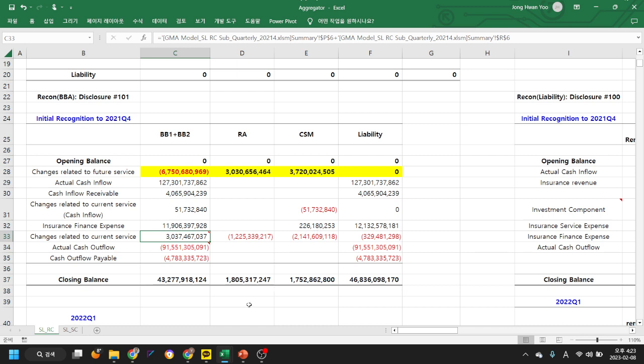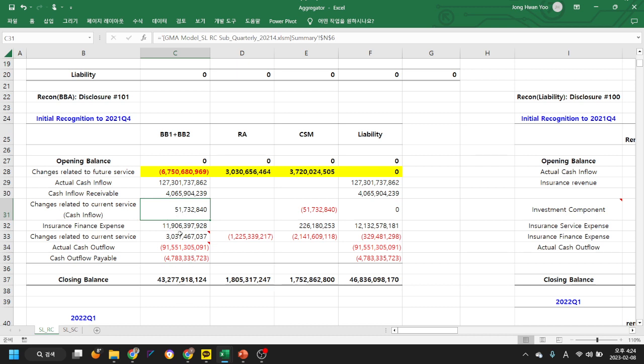But I need to come up with the insurance finance expense, nothing for risk adjustment, but I have to do it on building block 1 and building block 2 and also CSM. And another, this is an experience adjustment, but this is probably an estimate adjustment. So this is the difference between the estimate of future premium to receive and the actual premium received, which shows such a difference.